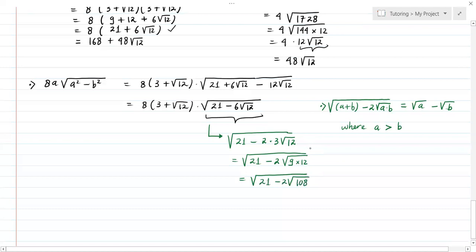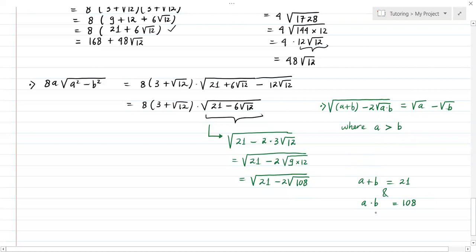Here we must find two numbers whose sum is 21 and whose product is 108. So we must find the values of a and b when a plus b equals 21 and a times b equals 108, where the value of a must be greater than b.